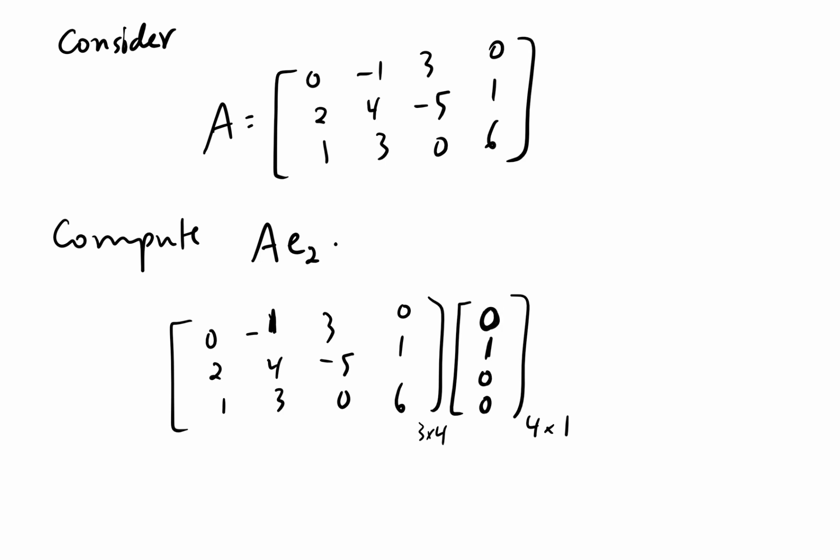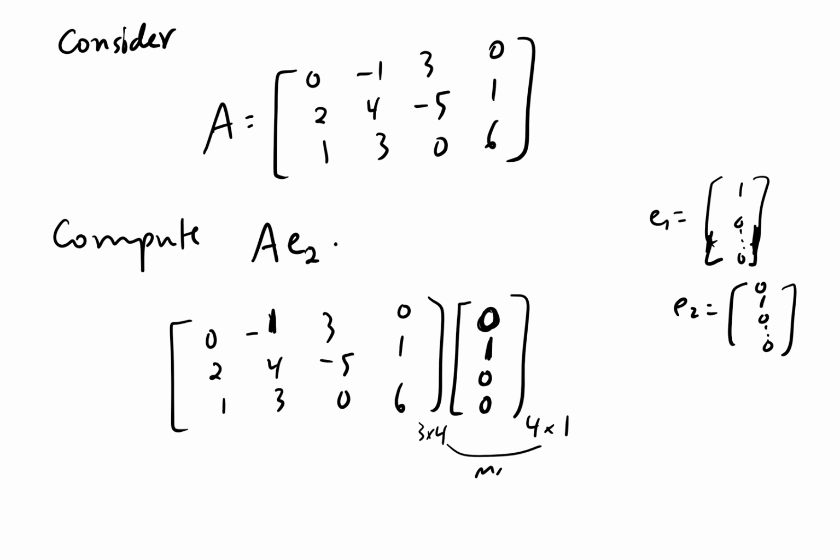So it's e2. Remember, e1 was 1, 0, all the way down to 0. e2 is 0, 1, 0, all the way to 0. So it depends how far down you have to go. In this case, the 1 goes in the second spot and everything else is zeros, but we need 4 rows so these match and we're able to multiply.